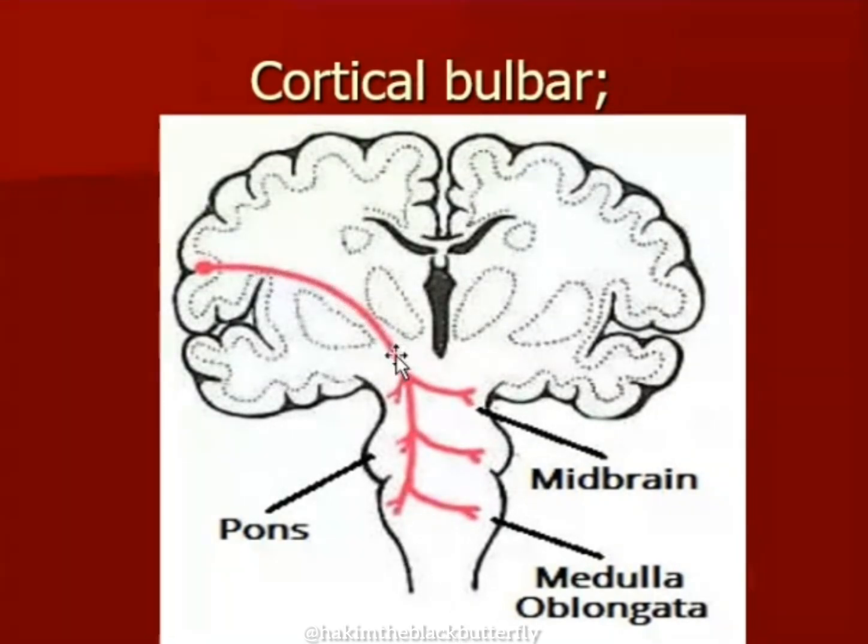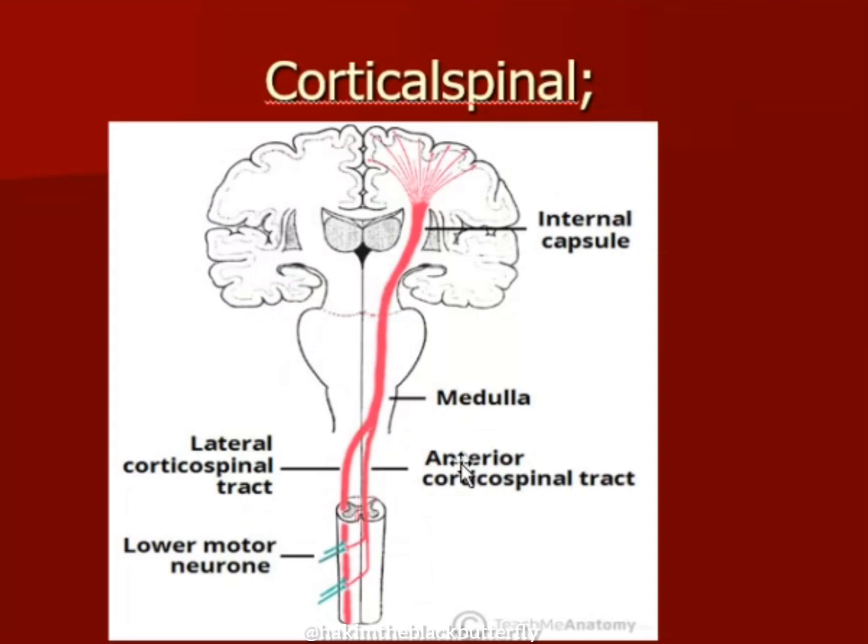They are going to end at the brain stem, which is made up of the midbrain, pons, and the medulla. Whereas for the corticospinal, the upper motor neurons end at the spinal cord. Both are under what you call the pyramidal tract of the descending system.